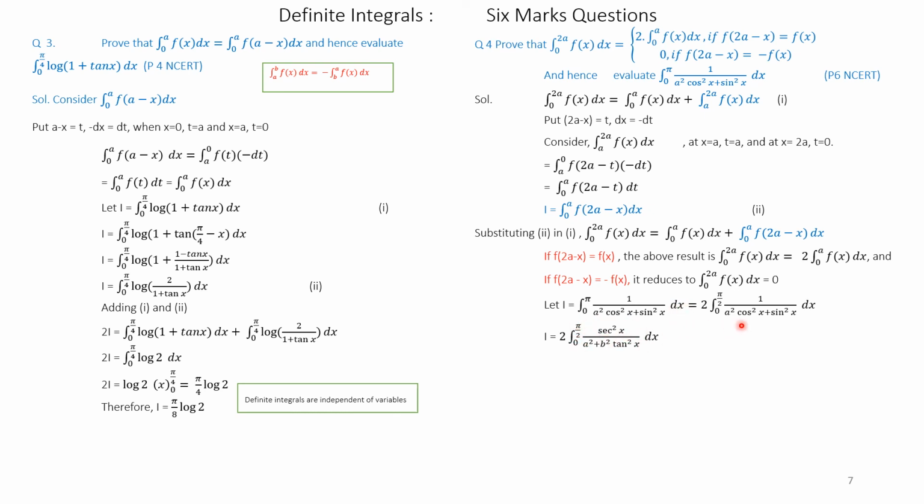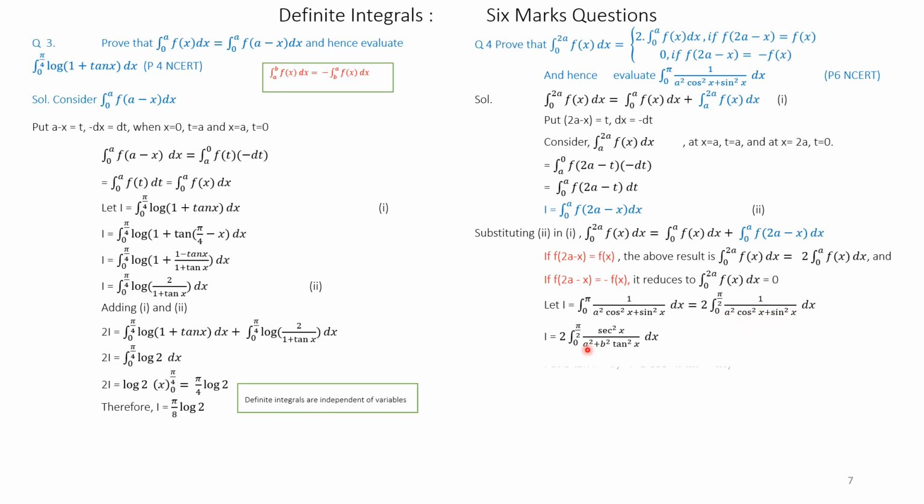Simplifying by taking cos squared common, we get 2 into integral 0 to pi by 2 secant squared x divided by a square plus b square tan square x. You please write down and work out separately. That is, take cos square common and simplify the denominator.